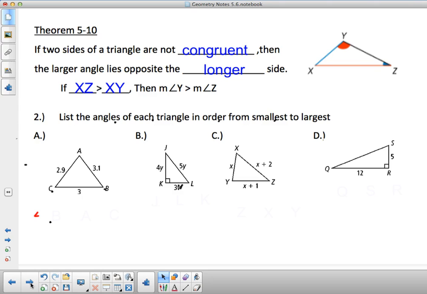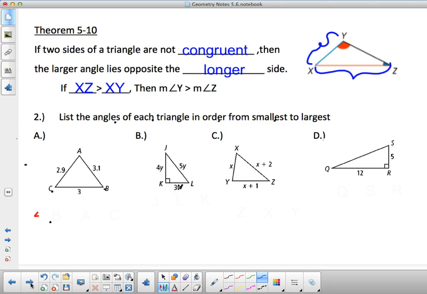All right, so I have an example of that, XZ, this larger side, because that's the larger side than XY, and XY is this one. Inside the triangle, we can actually compare side lengths based on angle values for every triangle, okay?